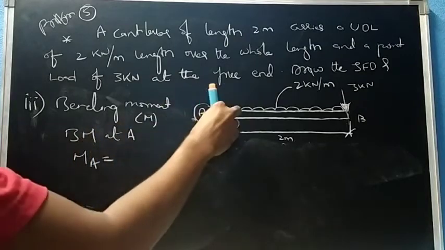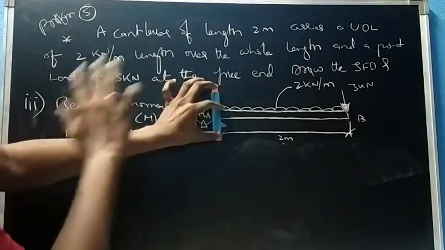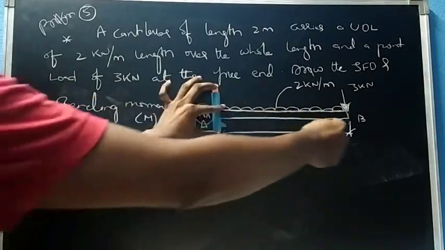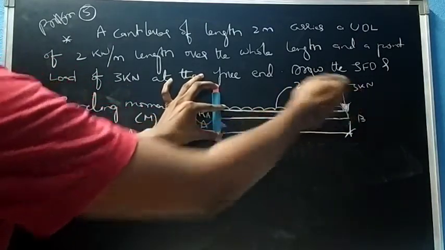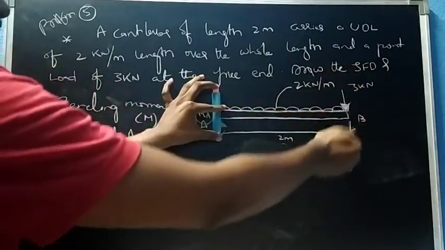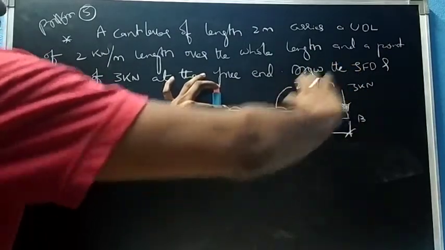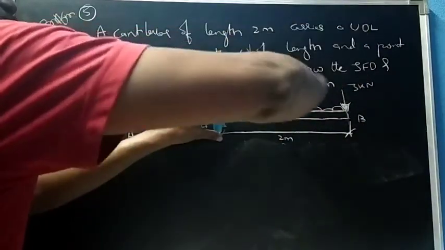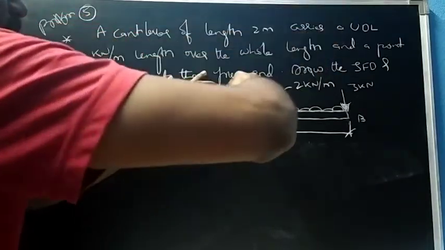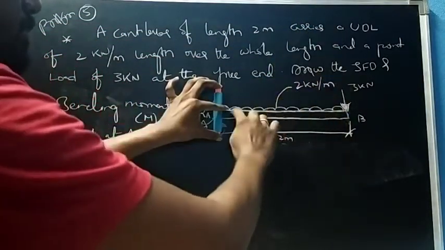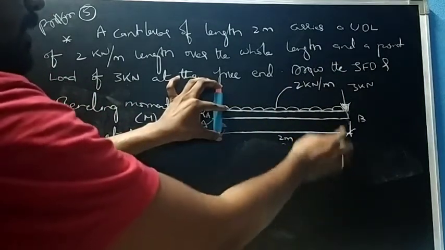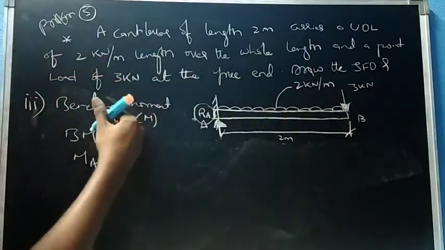In the case of bending moment, you need to calculate load into perpendicular distance, coming from the right to left. If it is sagging, making the beam curve upward like a smile symbol, we take it as positive.